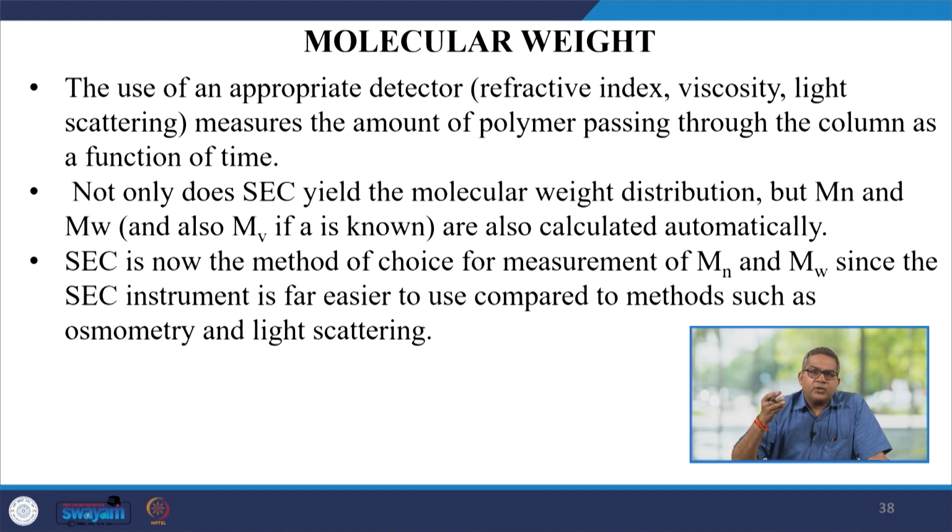Size exclusion chromatography is now the method of choice for the measurement of number average and weight average molecular weights. This instrument is far easier to use compared to the methods which were used earlier, like osmometry and light scattering.